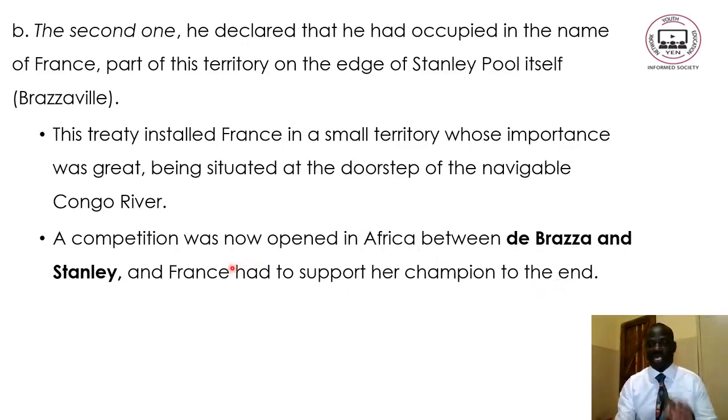So there was a competition between Belgium, represented by H.M. Stanley, and De Brazza, who represented France. The French did not allow themselves to lose that area to Belgium until they won it, and it is called Congo Brazzaville even up to this day because of De Brazza, who occupied that area on behalf of France.